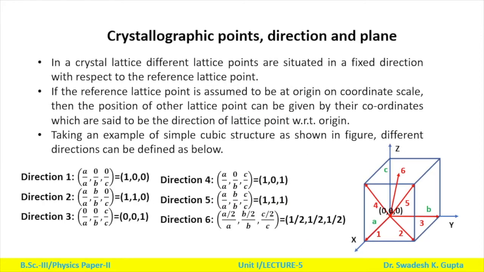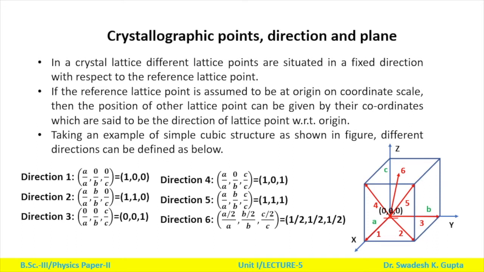Now coming to the crystallographic points, direction and plane. In a crystal lattice, different lattice points are situated in a fixed direction with respect to some reference lattice point. So here in the figure, let's say this coordinate 0, 0, 0 is the reference lattice point, and there are other lattice points in the unit cell.